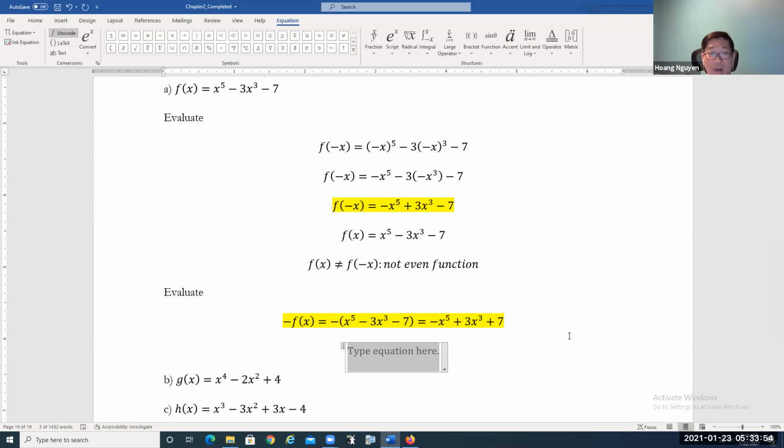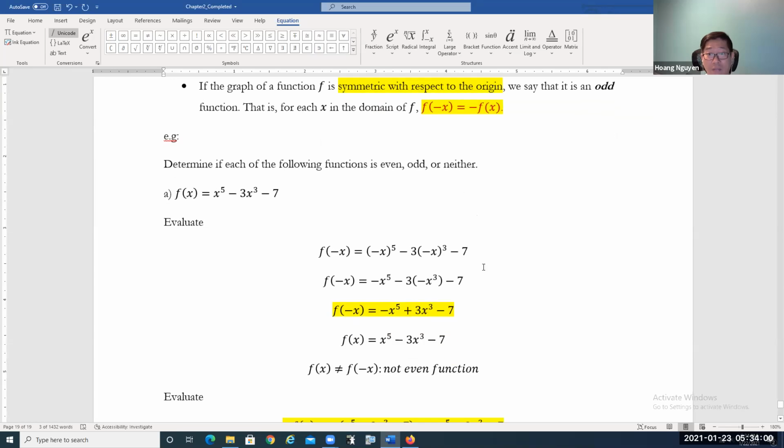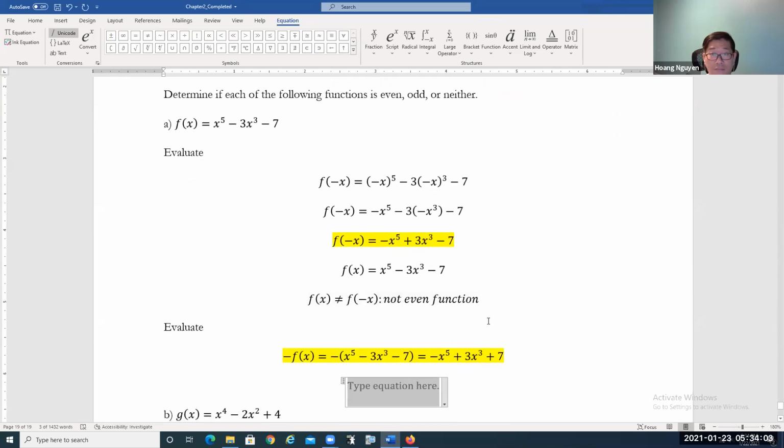Because the third term doesn't match, what's your conclusion? We can say that f of negative x is not equal to negative f of x. You can see that they're not exactly matching.